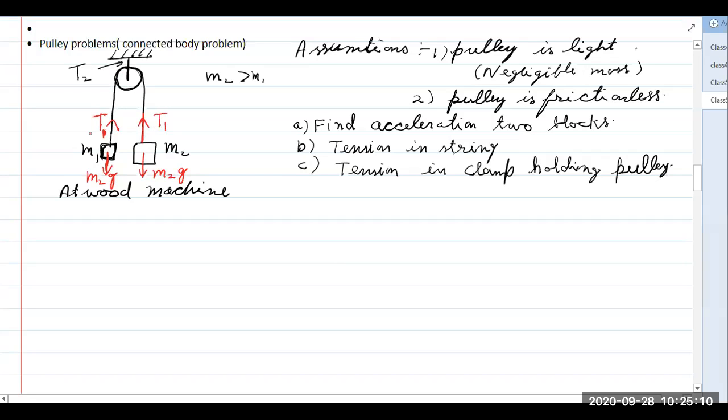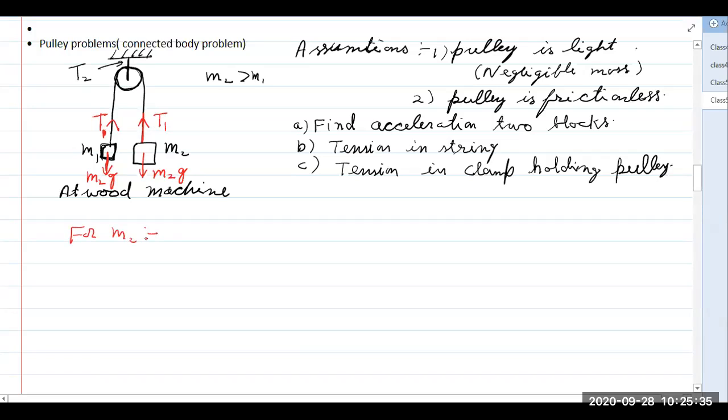Now we write the equations. First we write the equation for M2.